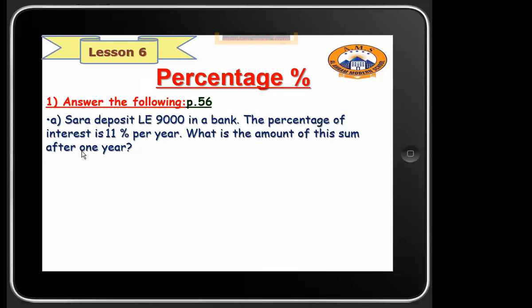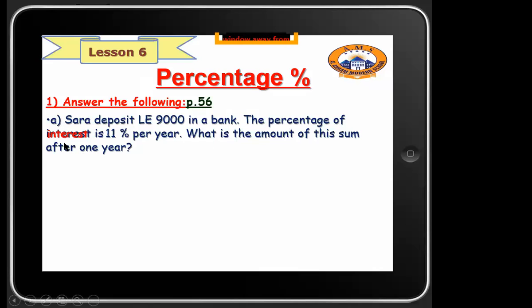So, who can tell me what the keyword is here? Interest. Very good. And interest means that I'm going to add or subtract? Add. Very good. Because I have the word interest, I'm going to change the first line.